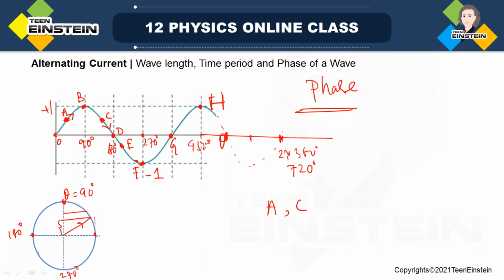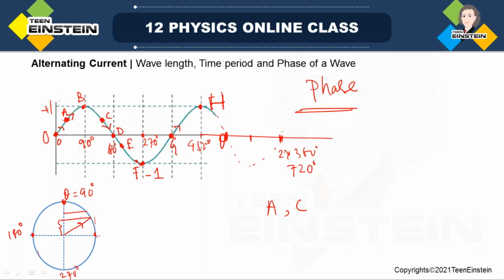Again, if I say O and D, they are not in the same phase, whereas O and G are in the same phase, because the wave is going upwards here, and here also it is going upward.